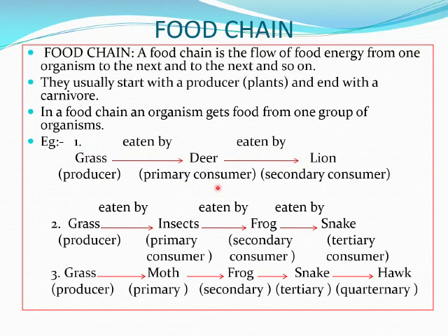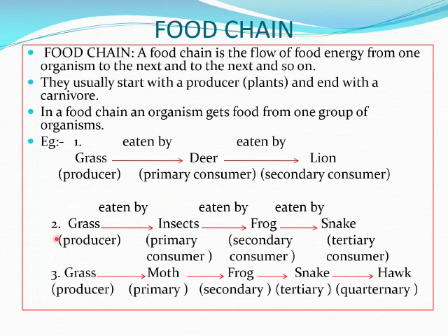If we observe this food chain, grass is a producer, deer is a herbivore, and lion is a carnivore. So this kind of dependency of a living organism on another living organism and the flow of food energy in this level is called food chain.